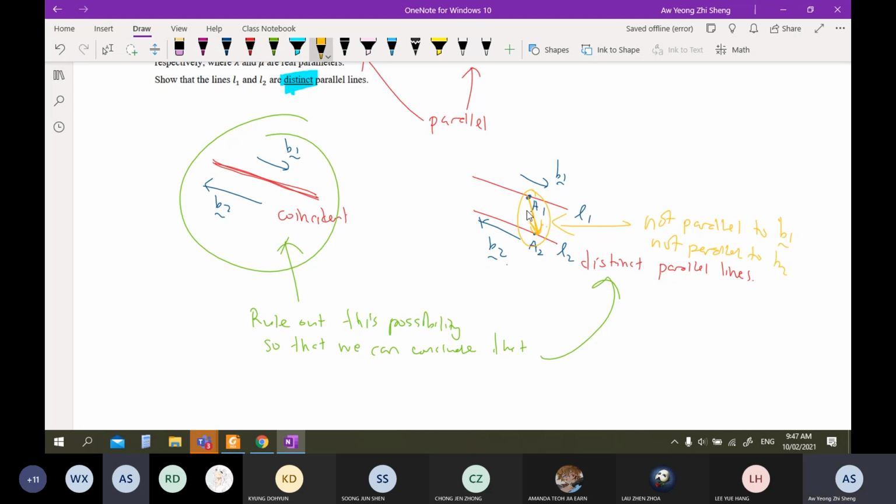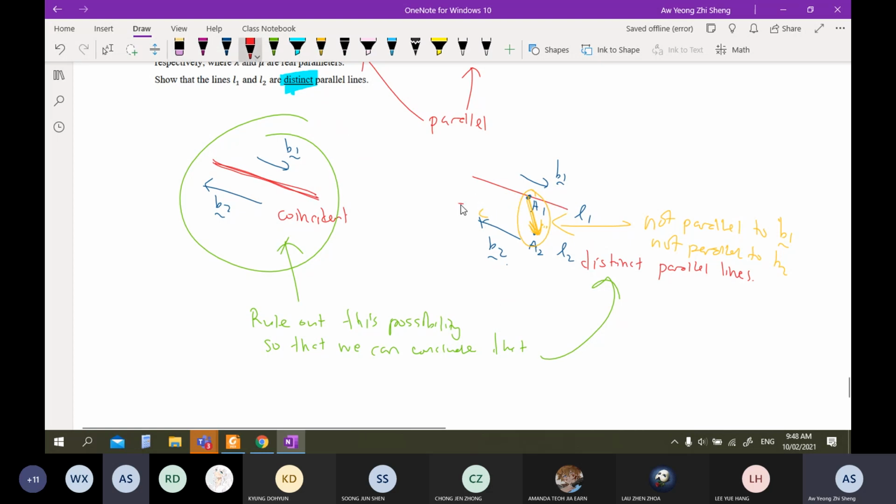No matter where you place your A1 and A2, as long as these two are separate parallel lines, then the orange vector that you get, whether it's pointing this way, this way, this way, or this way, it will never be parallel to B1 or B2. So that's the idea.